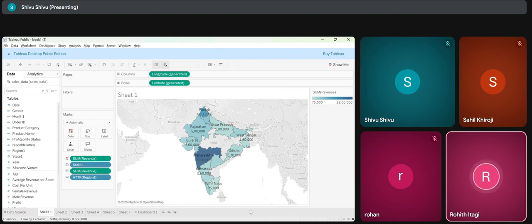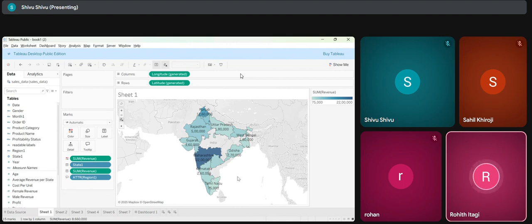In sheet 1, you can see that the color intensity and labels highlight revenue figures for specific states. Here we can clearly understand that the significant states are marked in color intensity, and you can immediately see the difference in performance.